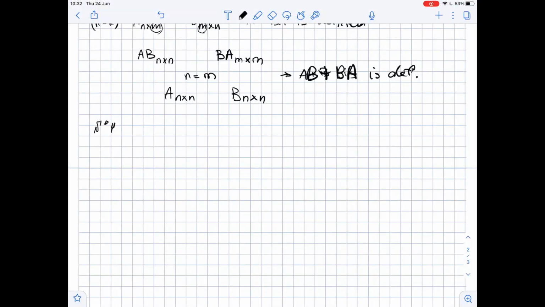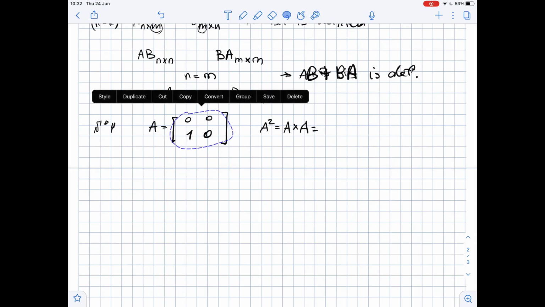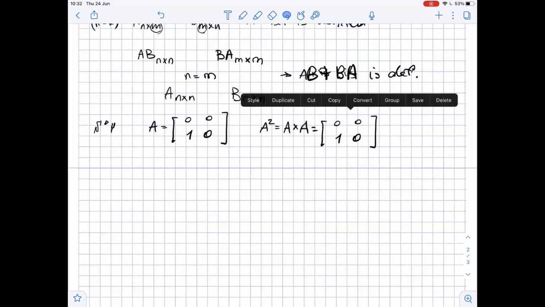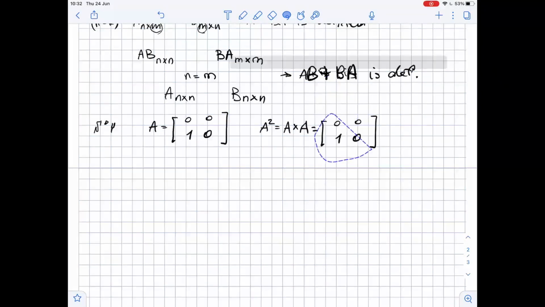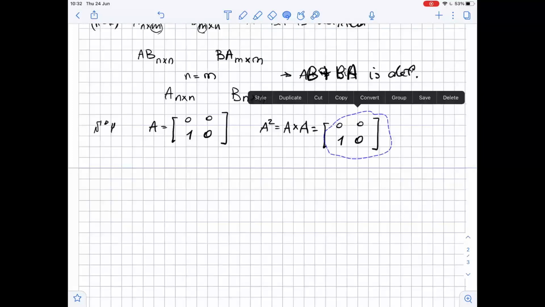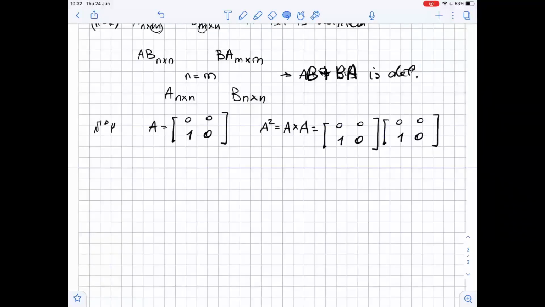Consider A equal to 0, 0, 1, 0. As you can see, A is a non-zero matrix, but if you find A squared, it equals A times A, so this matrix times this matrix again. Now let's try to find this product.